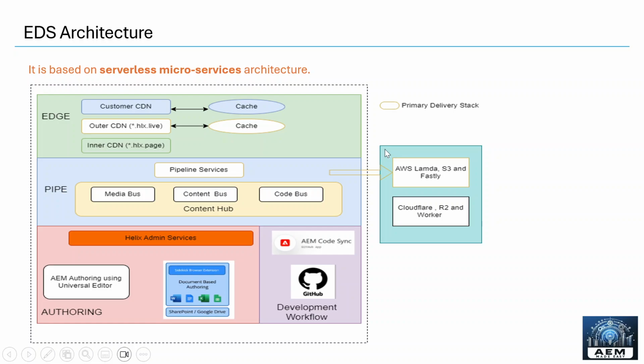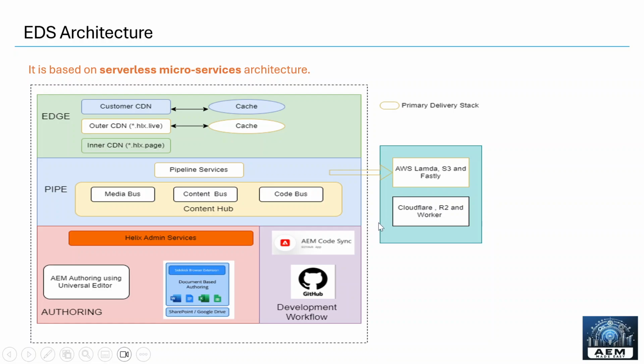There are two delivery stacks available inside EDS: the primary delivery stack and the secondary delivery stack. The primary one, as I've already discussed, is called the AWS delivery stack, and it uses AWS Lambda, S3, and Fastly.